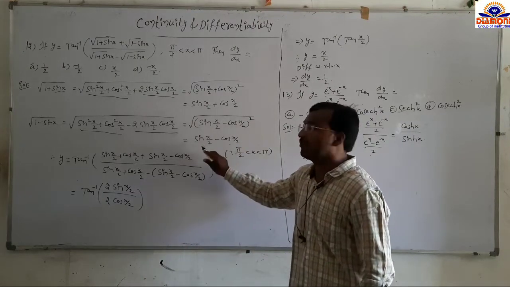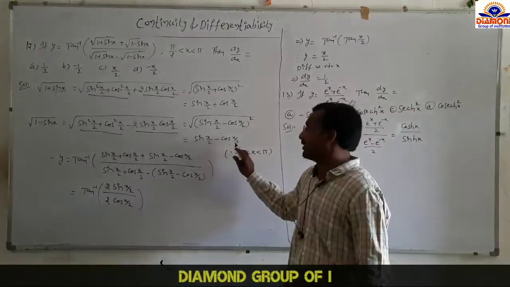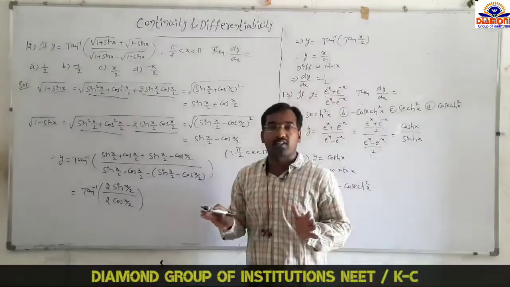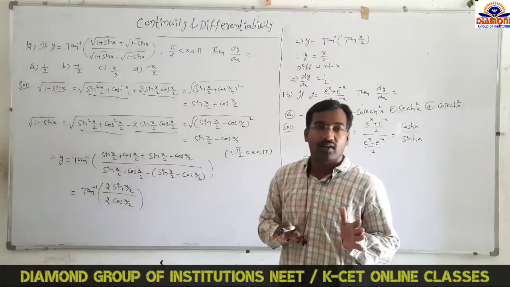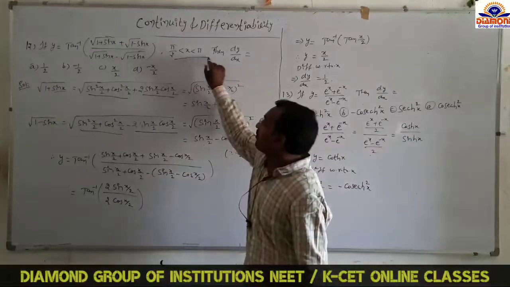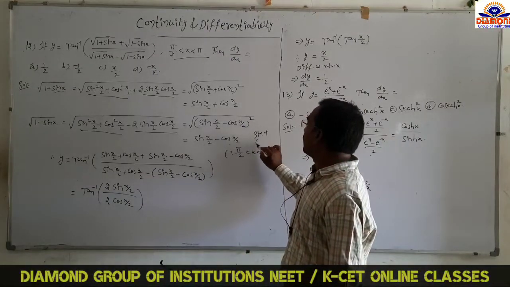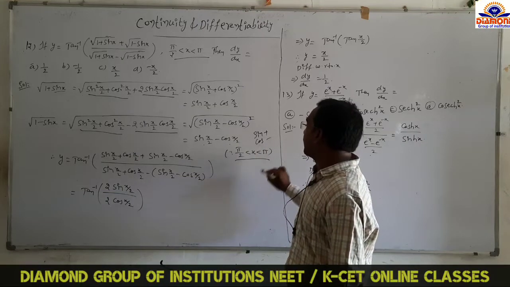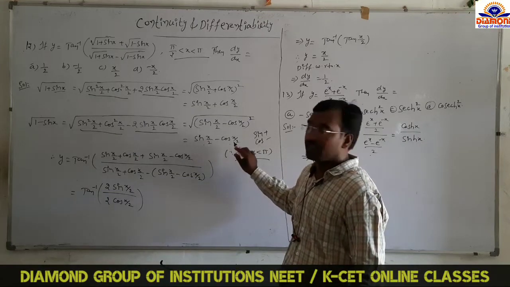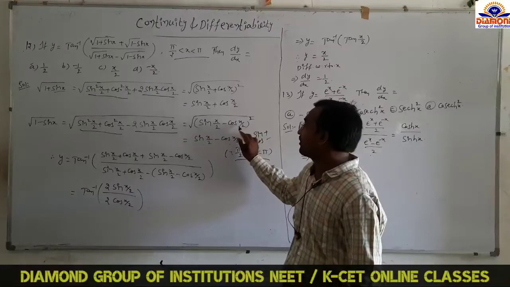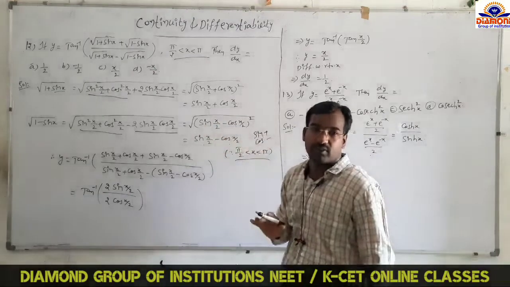The root is removed, and you get sin x by 2 minus cos x by 2 only. Don't write cos x by 2 minus sin x by 2. Why? Because x belongs to the second quadrant. In the second quadrant, sin is positive and cos is negative. That's why you take sin x by 2 minus cos x by 2 only.